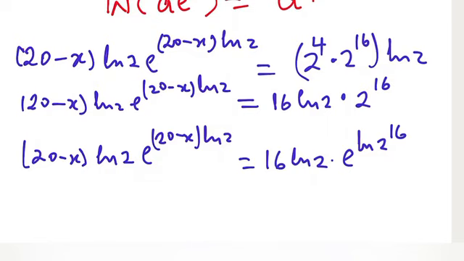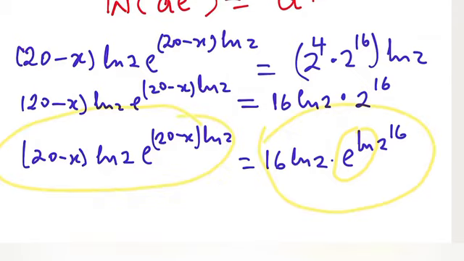So the idea we used up there, e and ln, they are inverse of each other. But because we want this to look like this, that's why I tried to introduce e to the ln on the right hand side too.